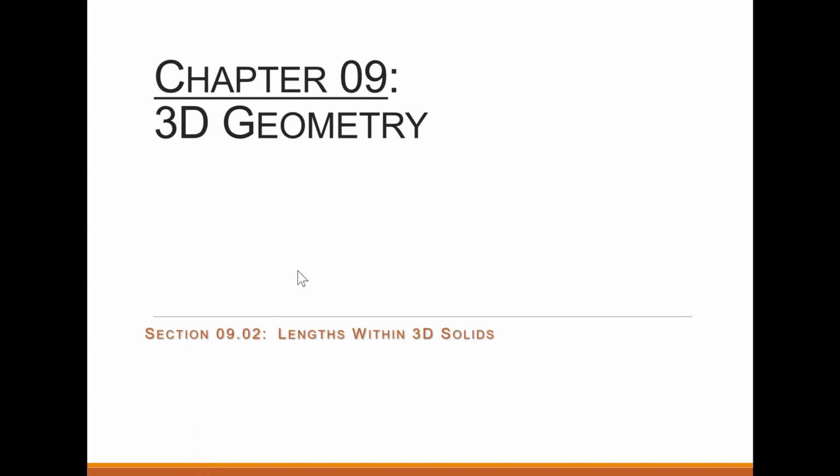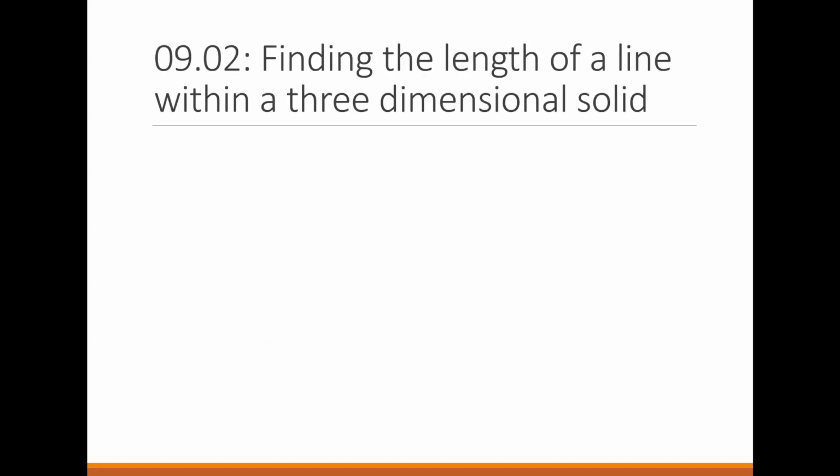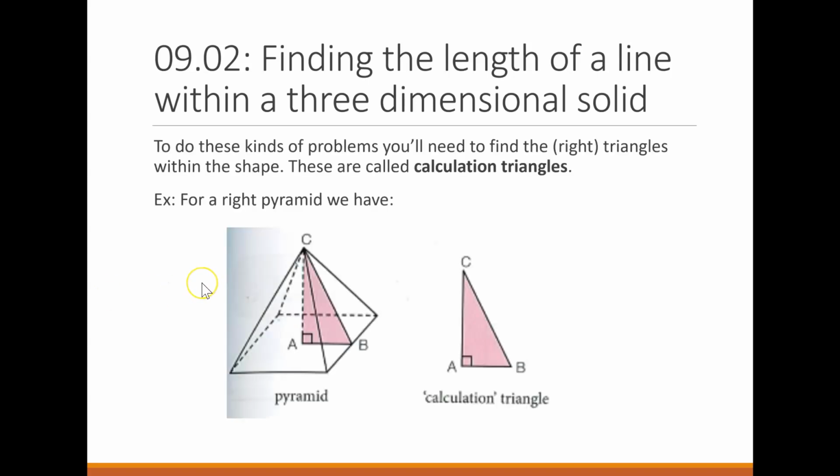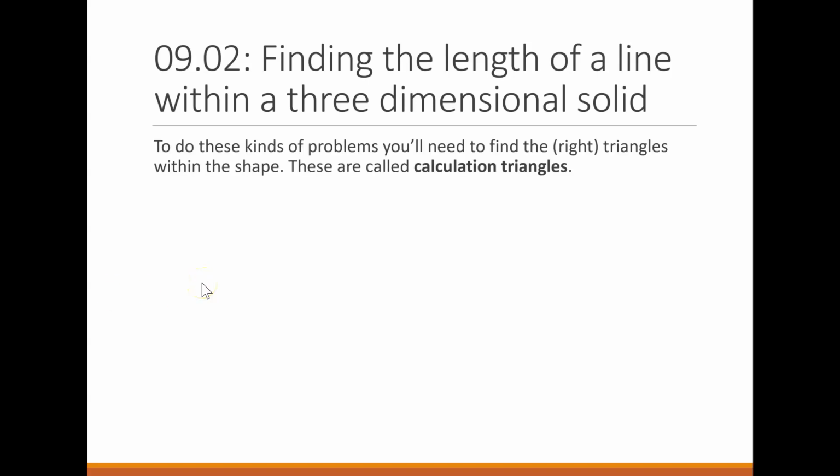So section 2 is about the lengths within the three-dimensional solid. When we want to find the length of a line within a three-dimensional solid, the goal here would be to build out a calculation triangle, a triangle that's embedded within our three-dimensional figure.